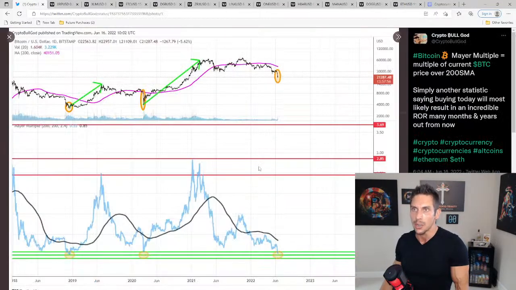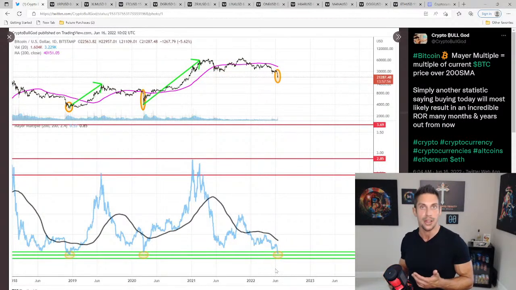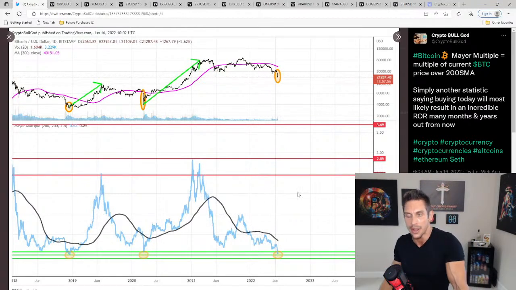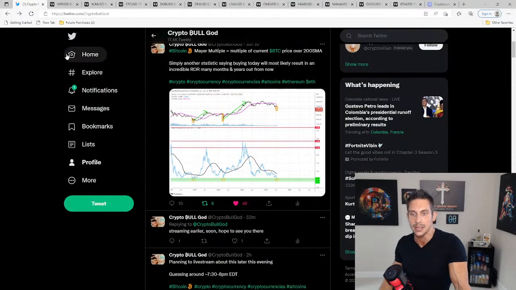This is one chart that we looked at here. It looks like this is the one with the Mayer multiple. Again, the Mayer multiple is telling us we're at historical lows. It's just looking at the ratio of the Bitcoin USD price in relation to the 200 SMA on the weekly chart. Well, in this case, it's the daily, but I was looking at it on the weekly view. But regardless, there are so many charts that are telling us, not that we have necessarily bottomed.